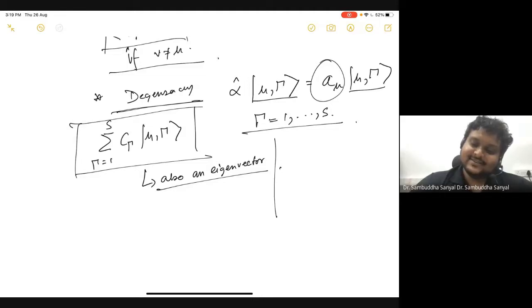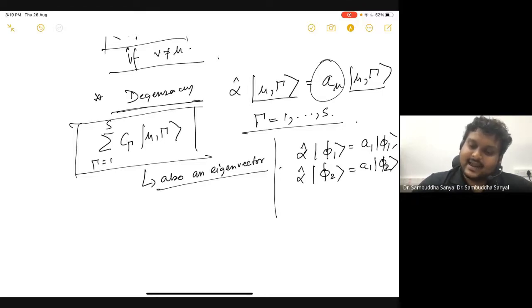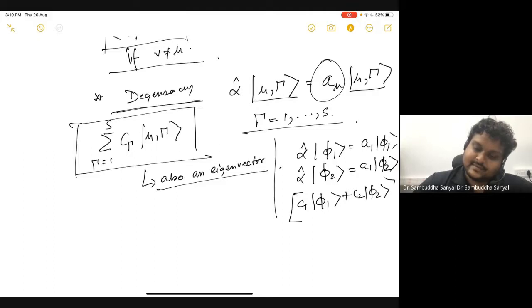Okay, so if I have an eigenvector, let's say it is phi1, with A phi1 = a1 phi1, some name. Now if there is another eigenvector which has the same eigenvalue, phi2, then any linear combination c1 phi1 + c2 phi2 will also satisfy this, right? Because this is the same.